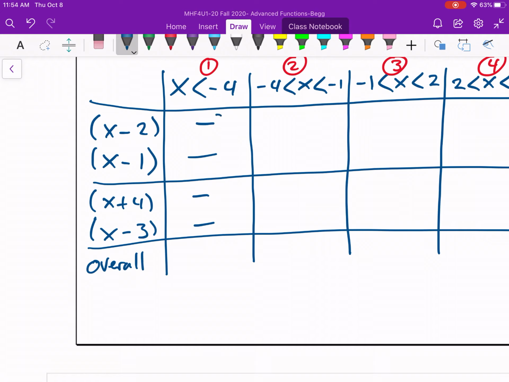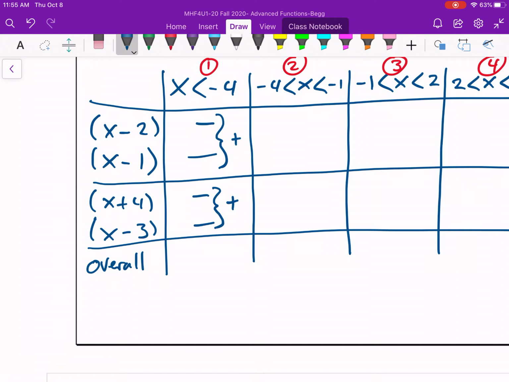Overall, these two factors were my numerator. Negative, so if I have a negative number times a negative number in my numerator, it will turn out positive for any number less than -4. Likewise, my denominator, if I have a negative times a negative, will turn out positive for any number less than -4.